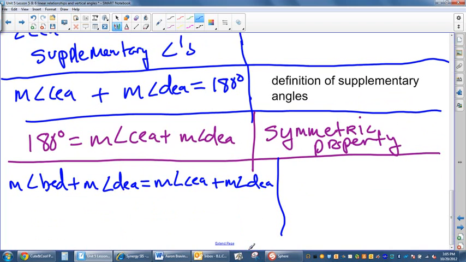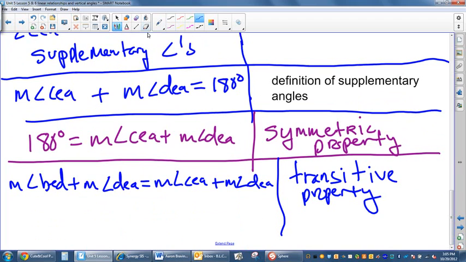What property is it when I have A equals B and B equals C, then A equals C? We get the transitive property.